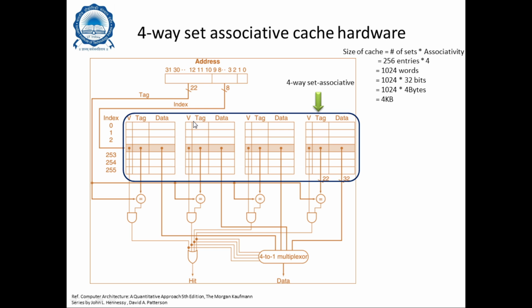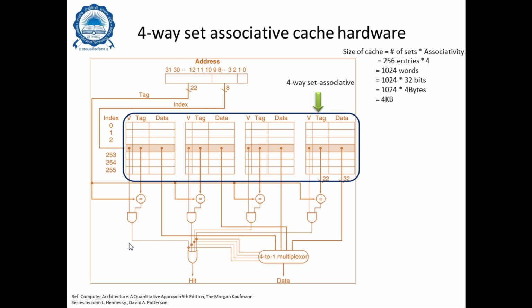So V, tag, data; V, tag, data; V, tag, data; and V, tag, data. This is repeated 4 times, and every set will have these 4 elements because it's 4 elements per set. Keep this in mind because it's a 4-way set associative cache. The tag from each of these elements in a set is compared with the tag of the RAM, and therefore we are doing 4 parallel comparisons using 4 parallel comparators, and the output is then ANDed with the valid bit.